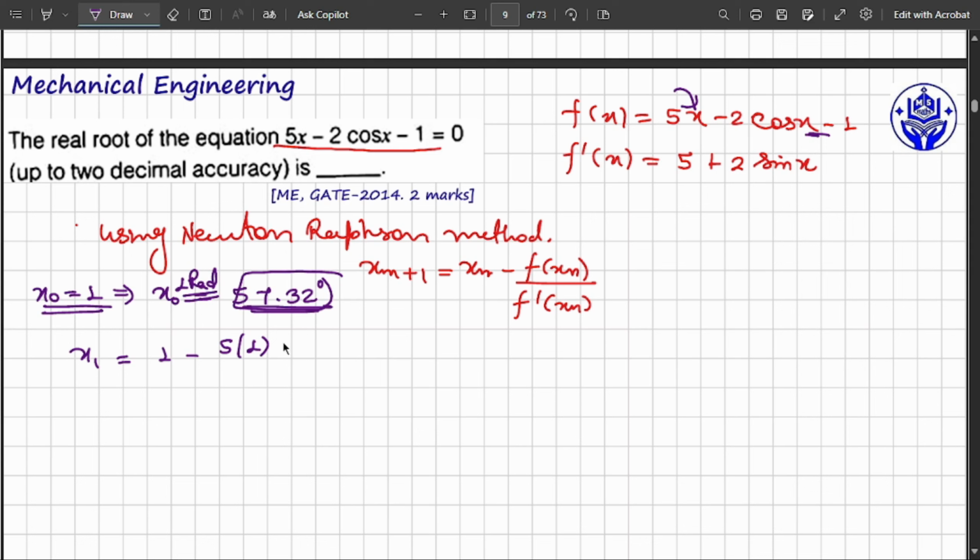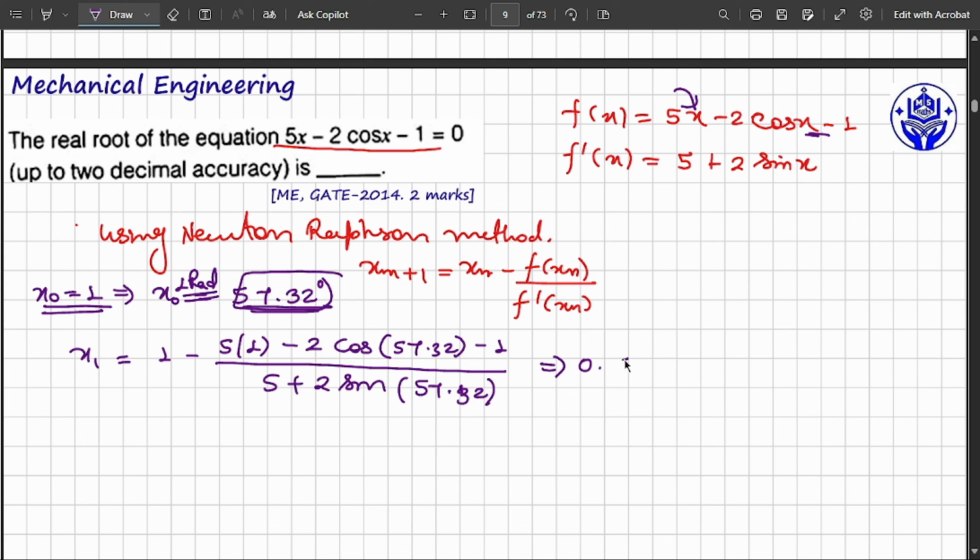It is 1 minus 2 cos of 57.32 degree minus 1, divided by 5 plus 2 into sine 57.32, and this will be 0.5632, up to 2 decimal places.